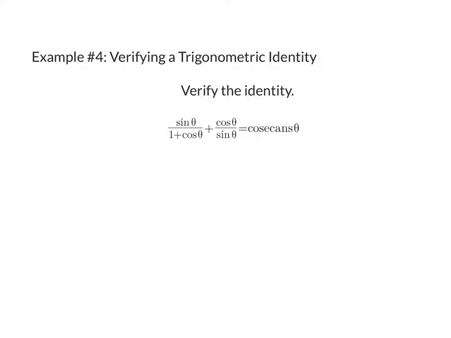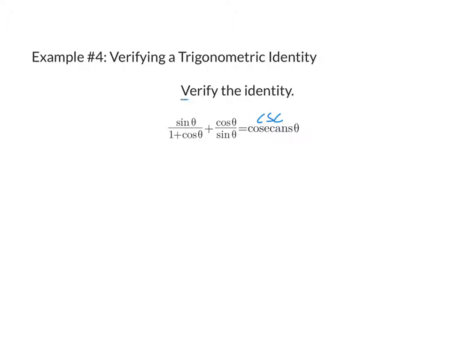Okay, and our last example, verifying a trigonometric identity. So we're going to verify this identity. It says sine theta divided by 1 plus cosine theta, plus cosine theta divided by sine theta, equals cosecant theta. And by the way, this program that I'm using really should just show CSC. For some reason, this program doesn't write cosecant the way I prefer, but anyways.